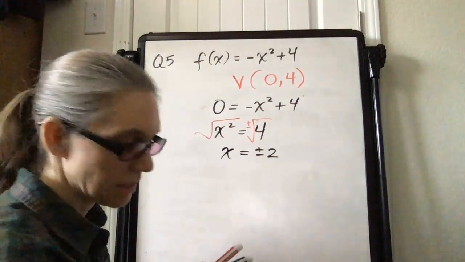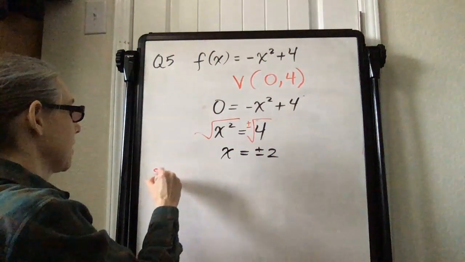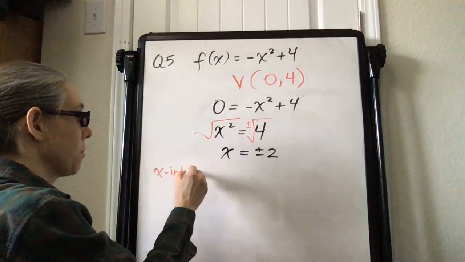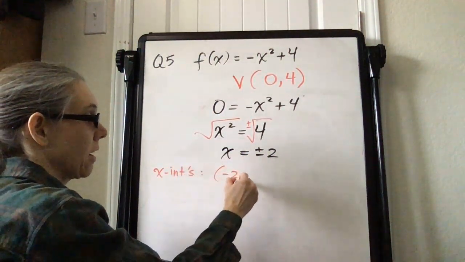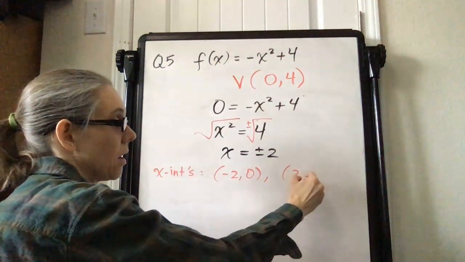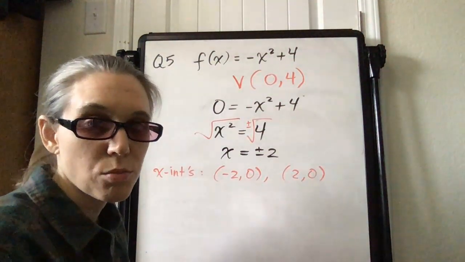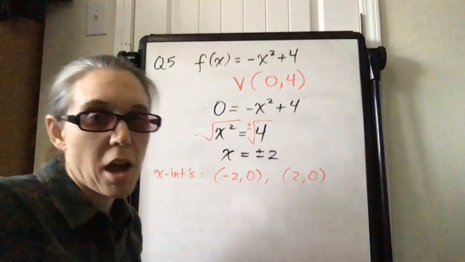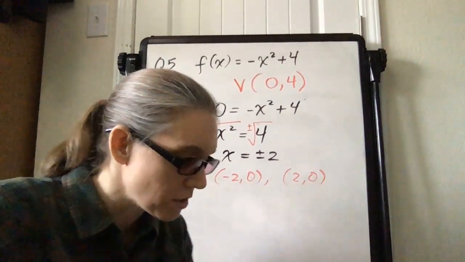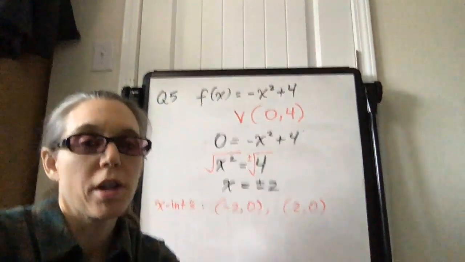So what that means is that we have x-intercepts at -2, 0 and at +2, 0. So this would be sufficient for graphing. On MyOpenMath, you just need to have 2 points. You need to have the vertex and one other point.